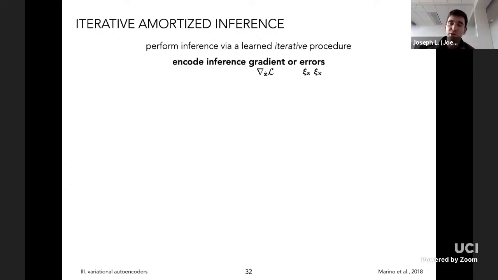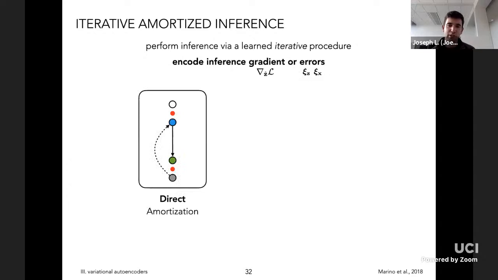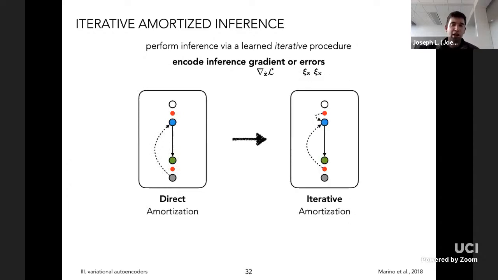The idea is that we're going to encode these inference gradients, or those errors that we saw before. So instead of this direct procedure, we now have an iterative procedure, which is maybe closer to predictive coding. And in a couple of papers, I've shown that this is more accurate than these direct encoder models and is also more general. So you can extend this to different types of models that you wouldn't naively be able to apply this direct encoding scheme to.